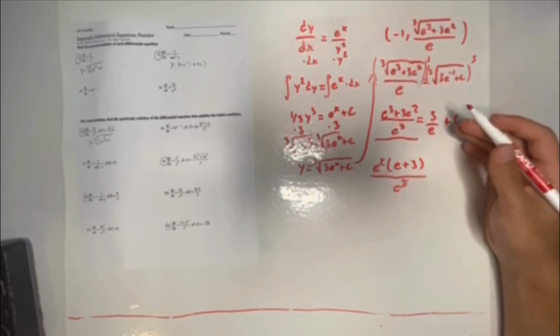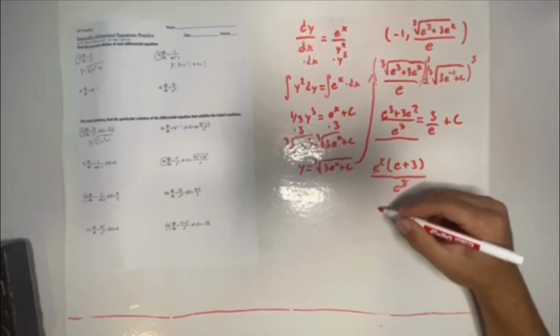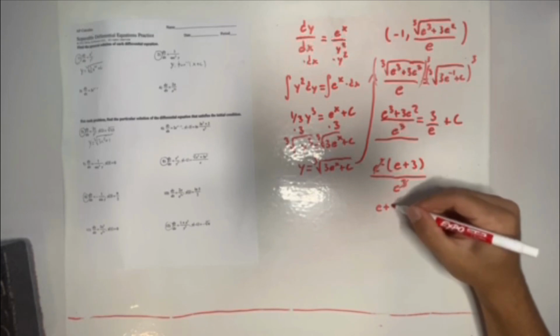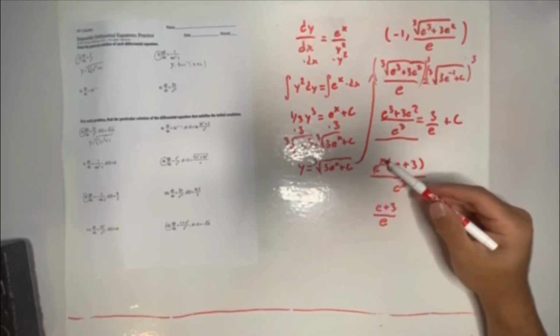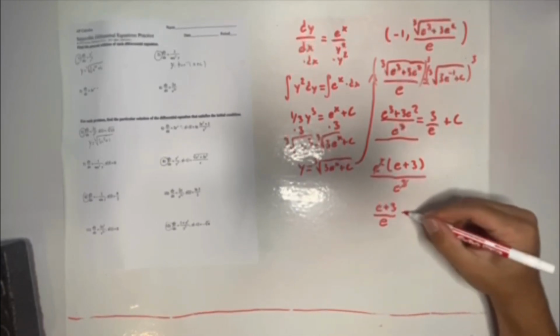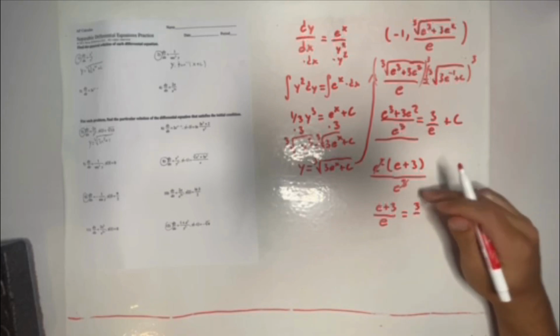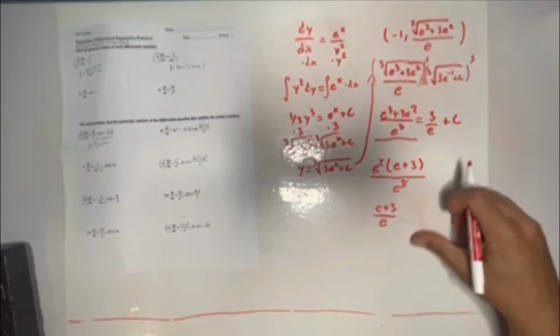Cancel that out, not completely, but then I can get a new equation of e plus 3 over e, because we took 2 out from there and then 2 out from the 3 to just get us e. Now we have 3e. Actually, wait, I'm not going to do that. I'm going to do some more simplifying first.